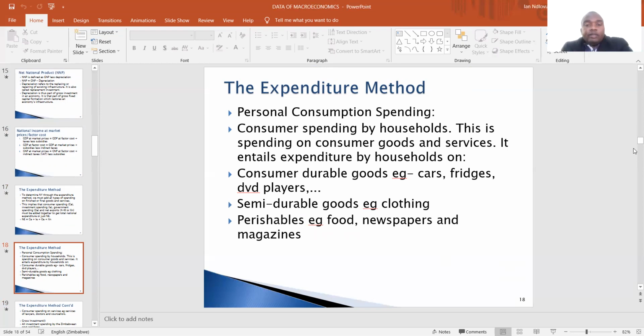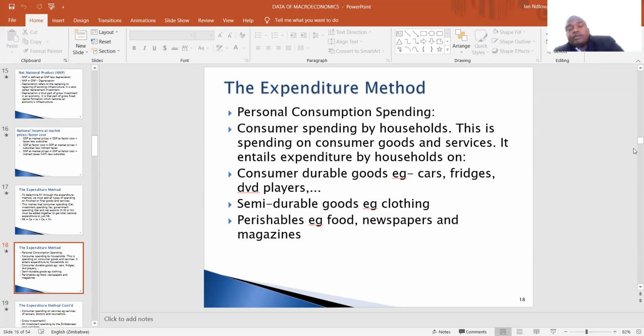And then what does personal consumption expenditure comprise of? It consists of consumer spending by households. This is spending on consumer goods and services. And it entails expenditure on consumer durable goods, which include cars, fridges, DVD players, televisions, and so on.